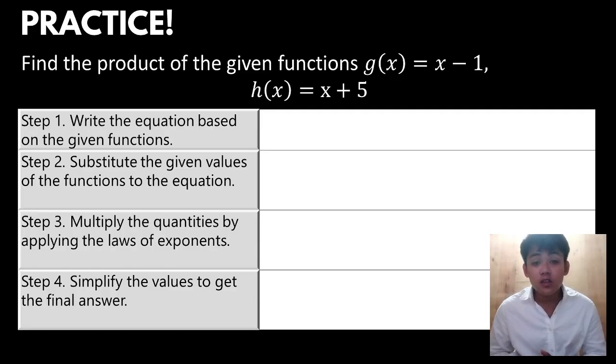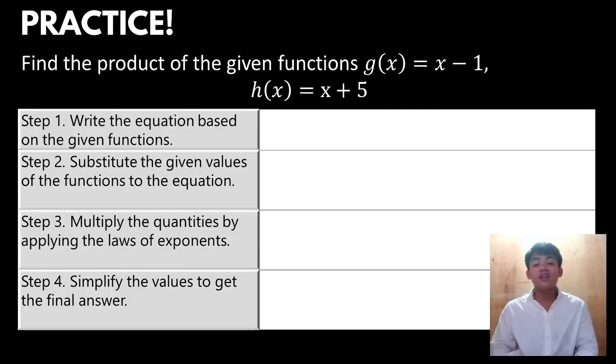By following the step-by-step procedure, you should get the final answer, class number 20. Then afterwards, explain what you did in getting the final answer. Okay, very good, class number 20. You did well in answering the example. Is there any question or clarification again, class, with this one? None so far, sir. Okay, very good.